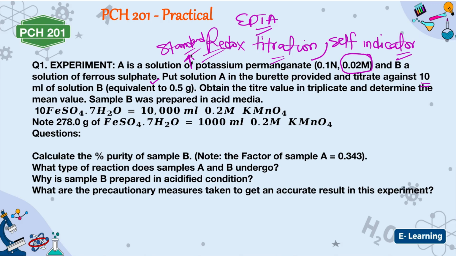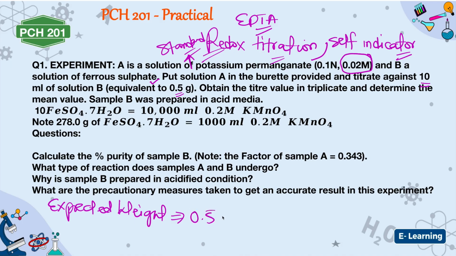Now that one we know: the concentration of potassium permanganate, they give us 0.02 molar. Ferrous sulfate is what we are trying to find out. We don't know it yet. But this 10 ml is normally supposed to be 0.5 grams. So the expected weight, you can just write at the corner. My dear student, you know we will use the expected weight to calculate percentage purity later.